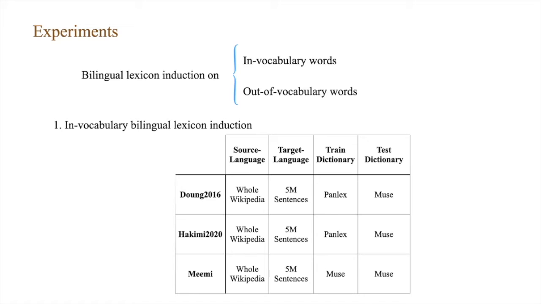For Meemi and VecMap, we consider several settings, and here we report the best one. The source language is the lower resource language, one of those 12 languages. The target language is English, and we can see the train and test sections for each of these models.